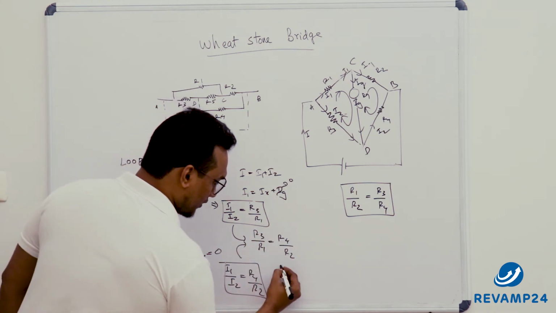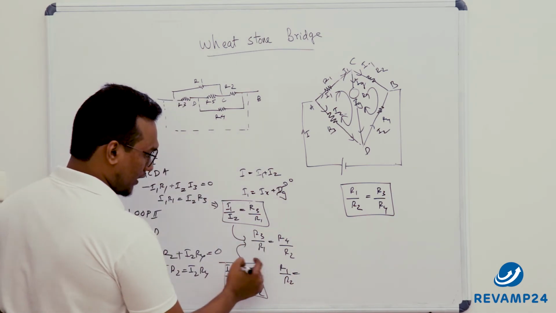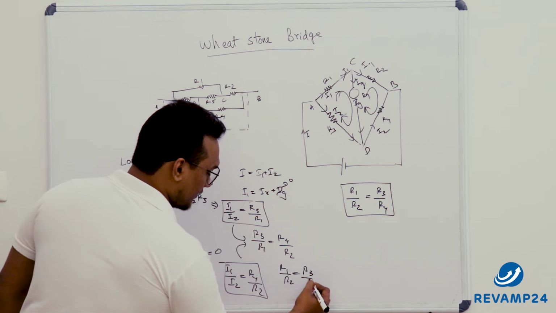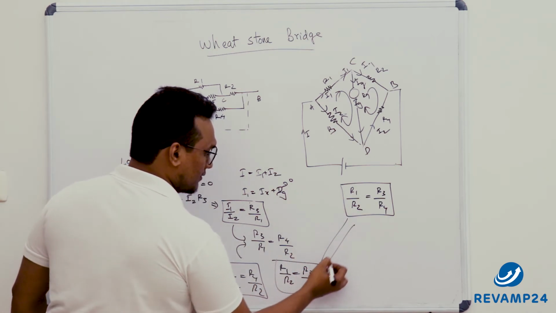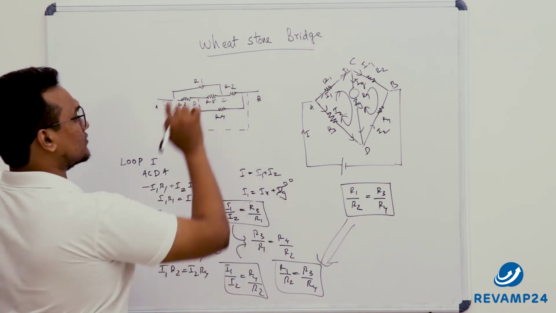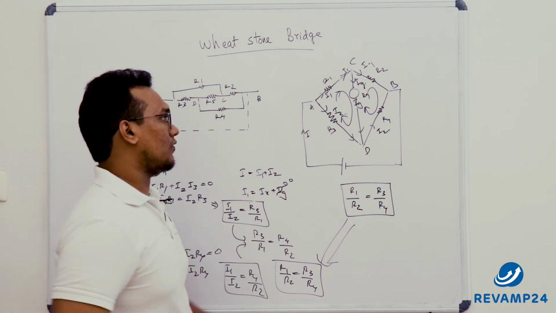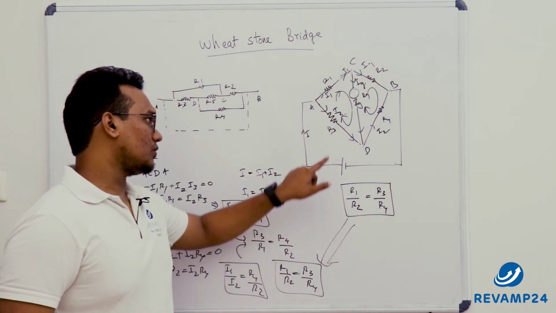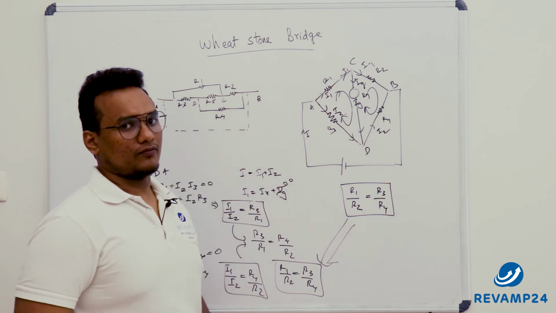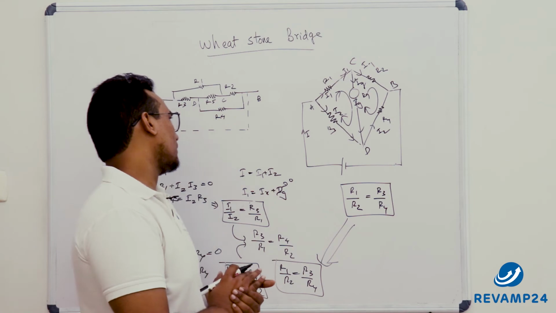So R1 by R2 is equal to R3 divided by R4. See the same relation. This is what Wheatstone has given. What is the necessary condition? Ig has to be 0. When Ig is 0, I can say that R1 divided by R2 is equal to R3 divided by R4. This has been proven with the help of Kirchhoff's first and second rule.